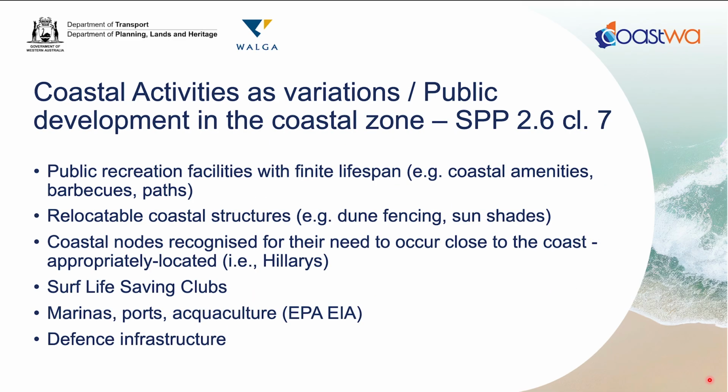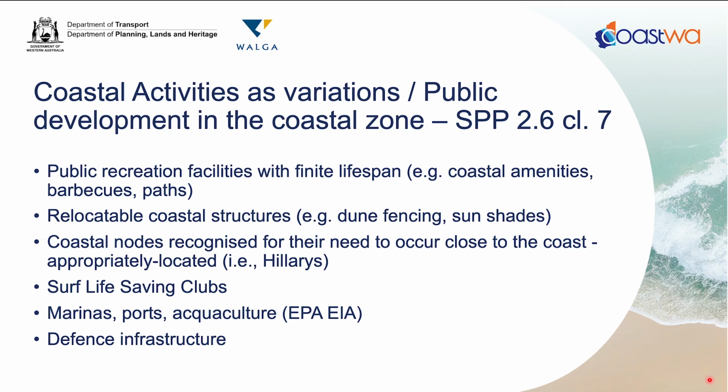So what about coastal activities in public foreshores? So these are noted specifically as variations within SPP 2.6. So the creation of public recreation facilities, barbecues and paths, etc., is permitted. Relocatable coastal structures, so dune fencing and sunshades, also permitted. And this is all part of coastal nodes being recognised for their need to occur close to the coast when they're appropriately located, obviously.